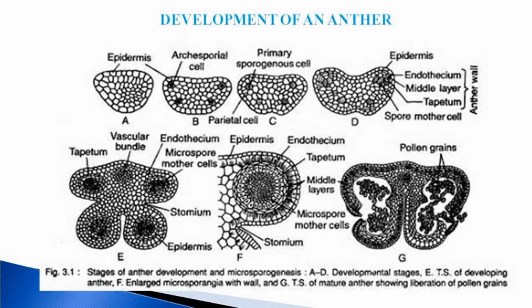Then within the four lobes, some of the hypodermal cells at each corner become differentiated by their large size, radial elongation, and more conspicuous nuclei. These form the archisporium.